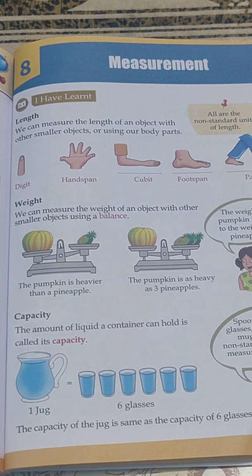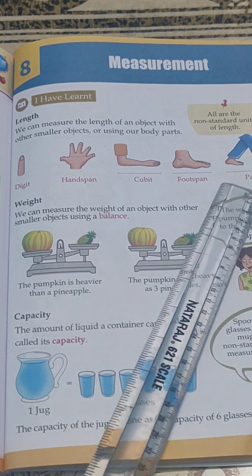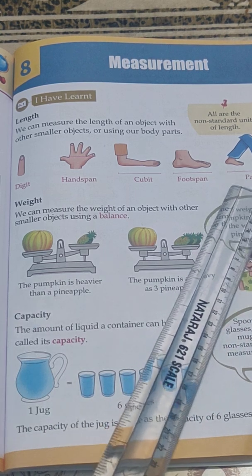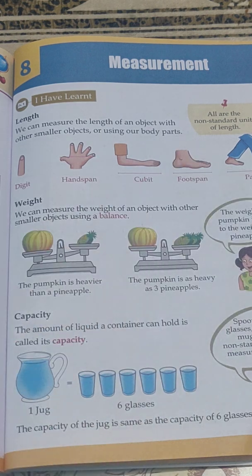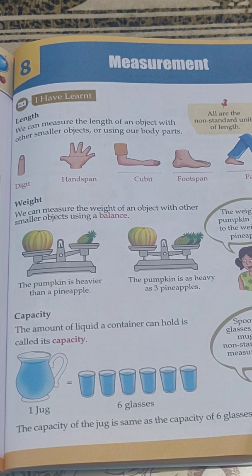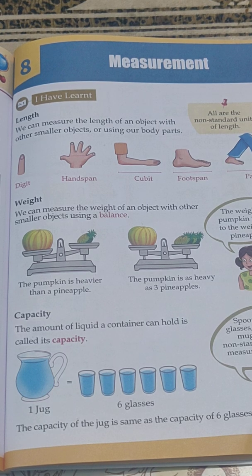And you will see how many foot spans it takes. And you can also measure the length of your room with your pace. Take a walk and count how many paces you need to measure the length of your room, right?